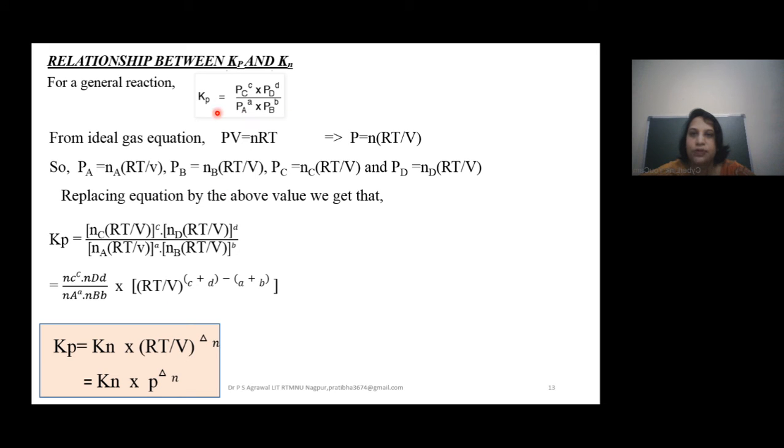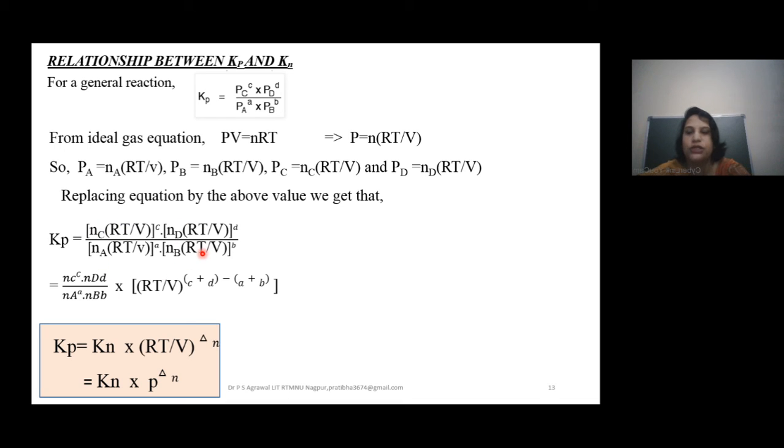We have derived this expression just now. Now we have to convert this P into n. What is the relation between P and n? That is PV is equal to nRT. So we write it for Pa, Pb, Pc, Pd and put these values in this expression. We get these terms.